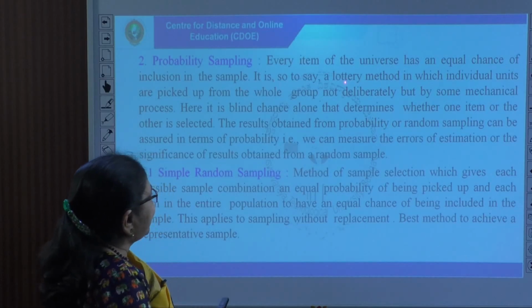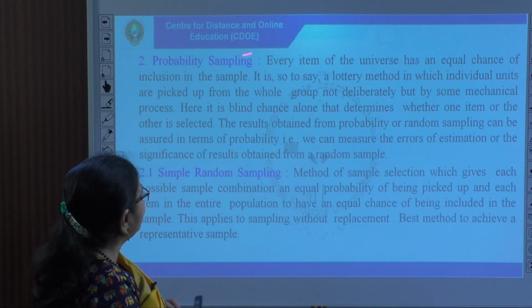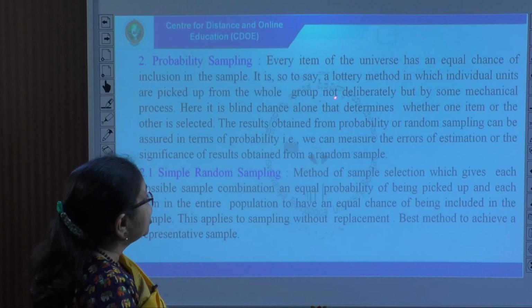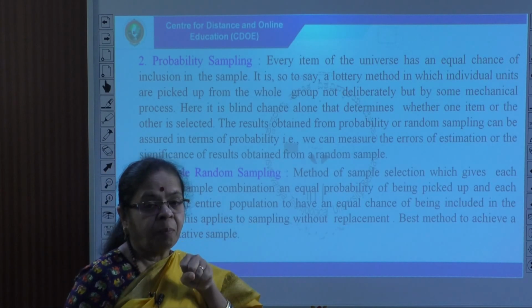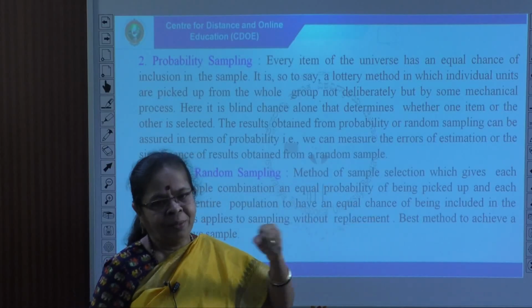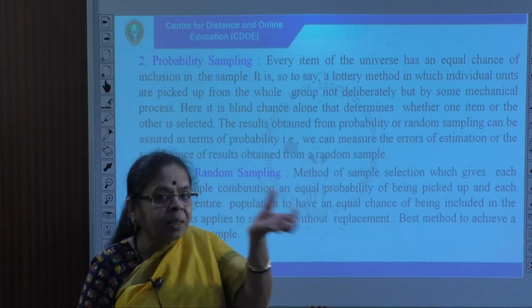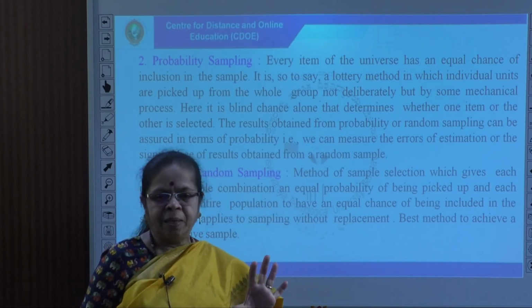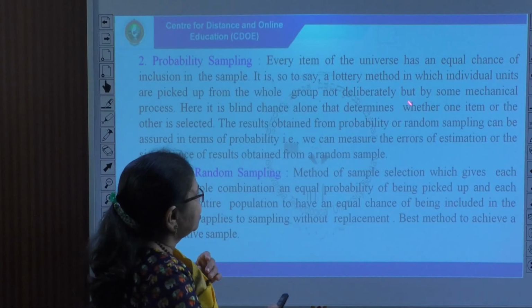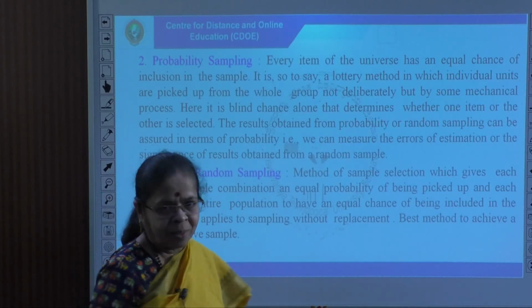It is to say a lottery method in which individual units are picked up from the whole group, not deliberately, not because I like something, not because I know something, or not because I feel that would be better. No, there is no knowing, feeling, everything, not deliberately, but by some mechanical process.